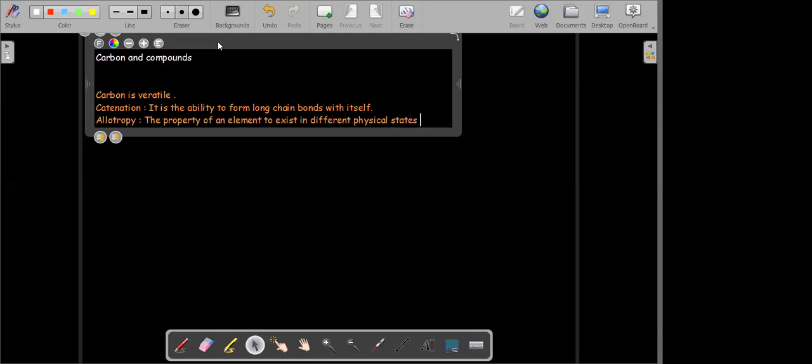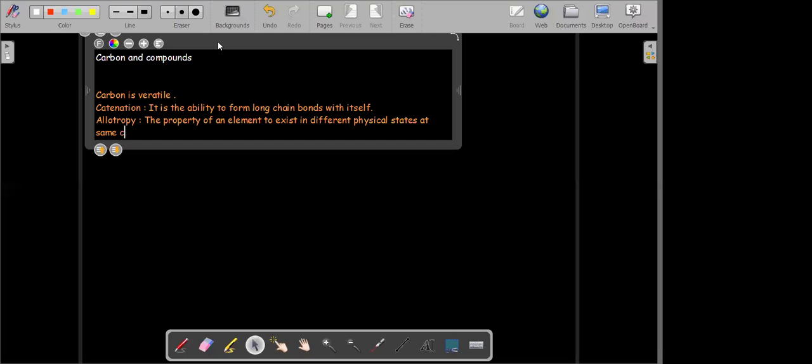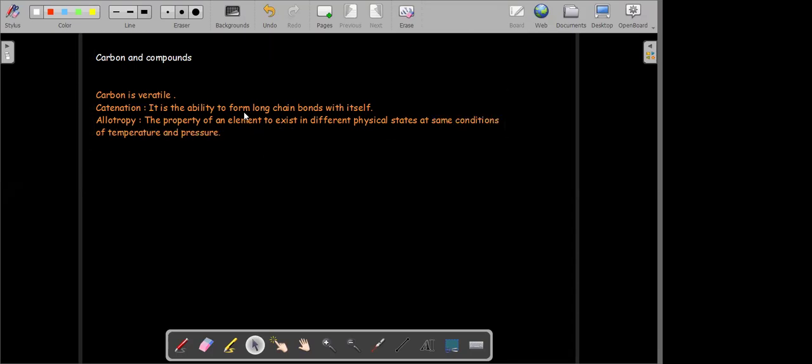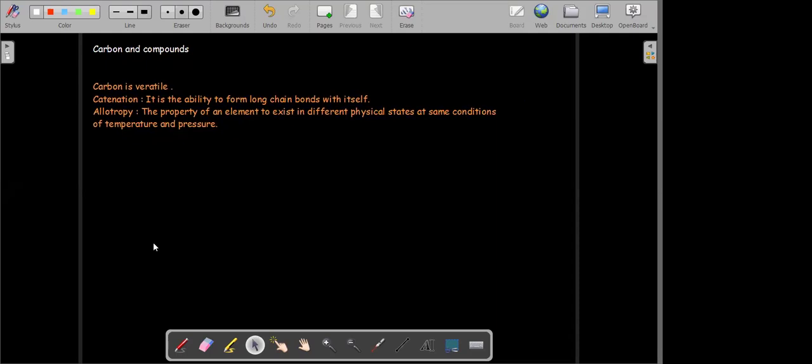The property of an element to exist in different physical states at the same conditions of temperature and pressure. So under similar conditions also, they exist in different physical forms. This property is called allotropy. For example, we see allotropes of carbon, allotropes of sulfur, and allotropes of phosphorus.